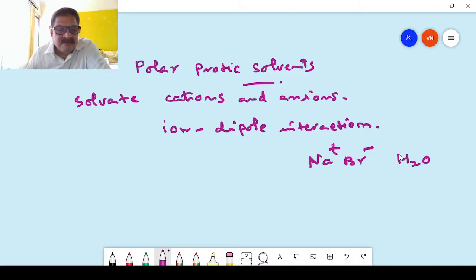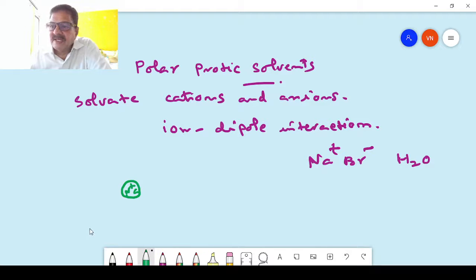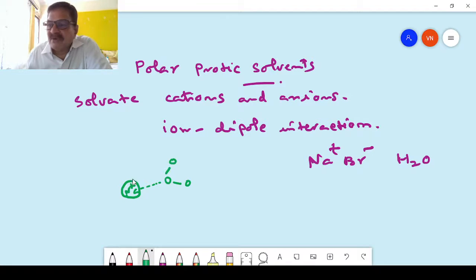How will it be? Say this is our sodium ion, Na+, and it will have interactions with water. This is a water molecule: this is oxygen, these are hydrogens, H2O. The oxygen will have a partial negative charge here.